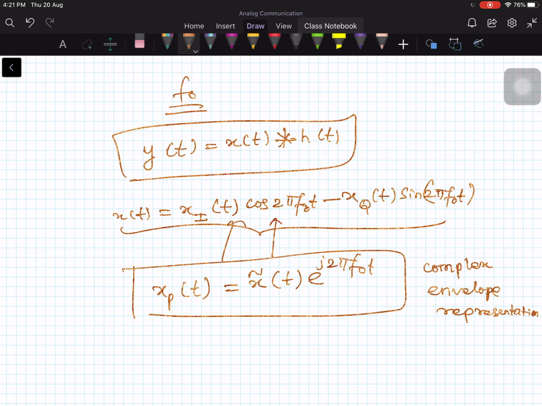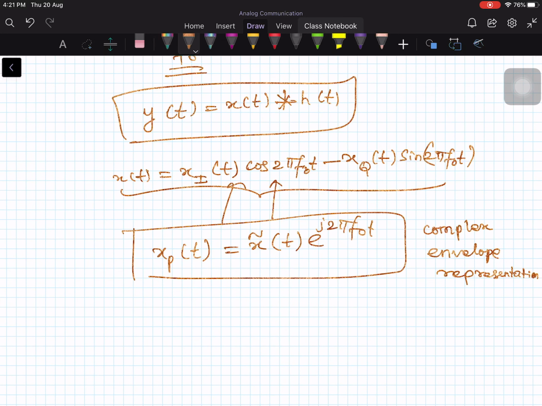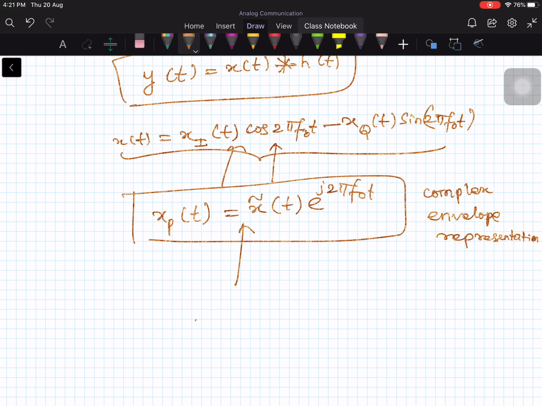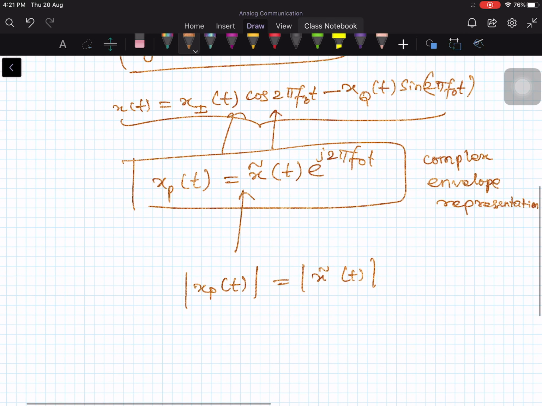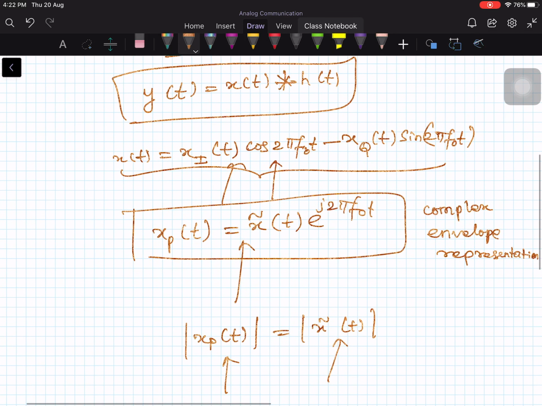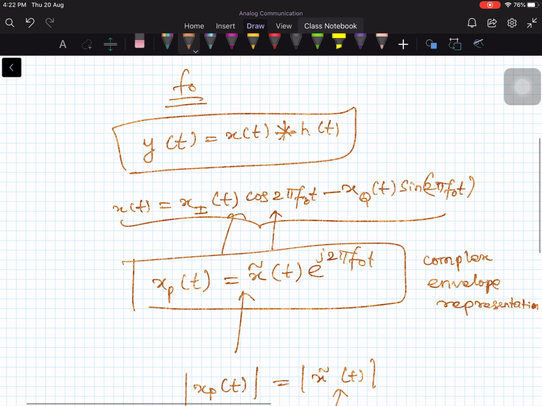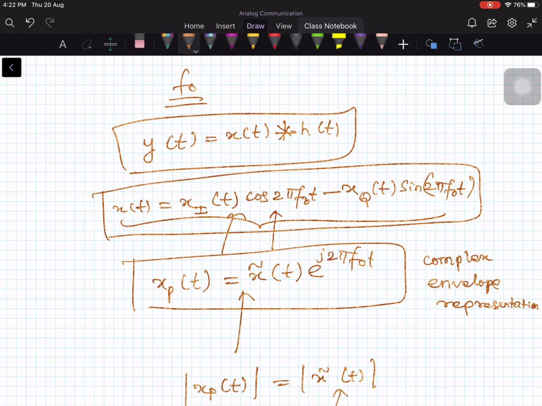So if I talk about a complex envelope representation, it is this one, where x tilde of t is called the complex envelope. Also, if you take the modulus of x_p of t, it is equal to the modulus of x tilde of t. You see this is real and this is also real. So the real envelope of x_p of t and the modulus of x tilde of t, both of them are the same. And this one is called the quadrature standard form, standard notation, or quadrature representation.